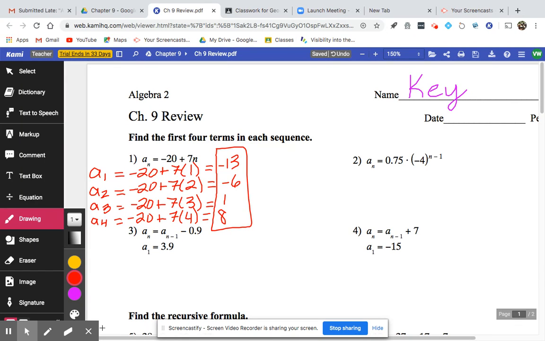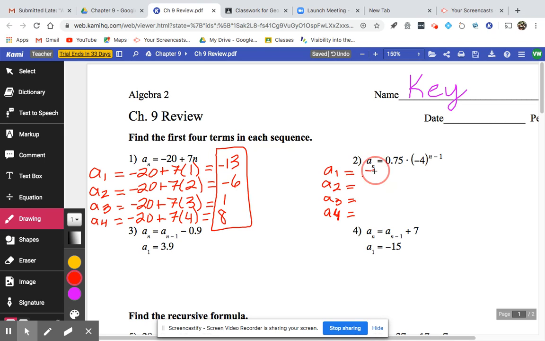Number 2, set up the exact same way. I want to find A1, A2, A3, and A4. And again, we're just plugging in 1, 2, 3, and 4 into the sequence rule that they give us.